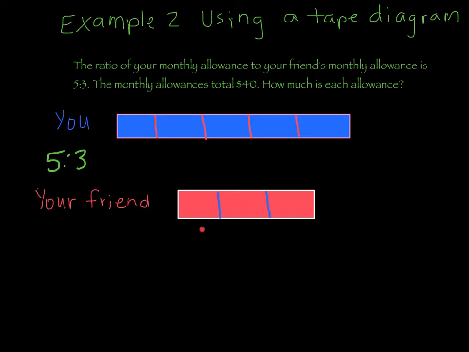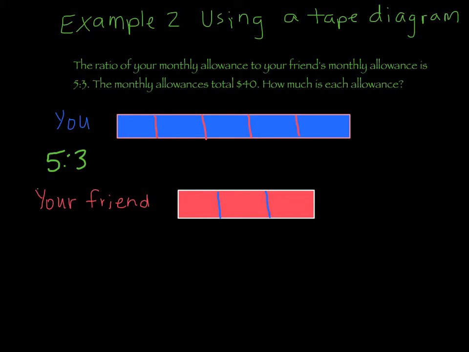So that's your allowance. Basically, I'm saying that you get 5 total parts of the allowance, where your friend only is getting 3. 5 to 3.